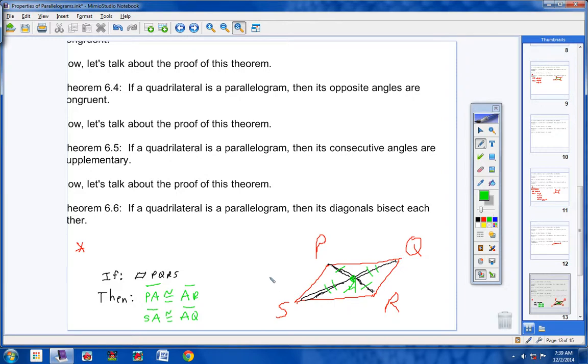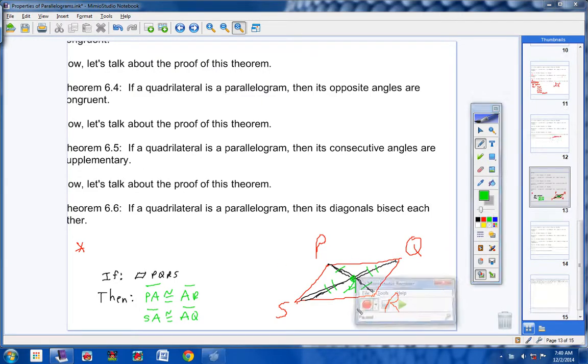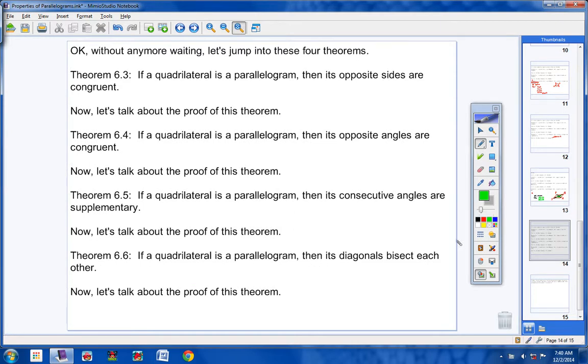Okay? I'm going to pause a minute while you finalize your notes. I want to give you one more thought, and then we're pretty much finished. Okay, let's quickly talk about the proof of this theorem. It's a pretty long proof, so I'm not going to make you know this.